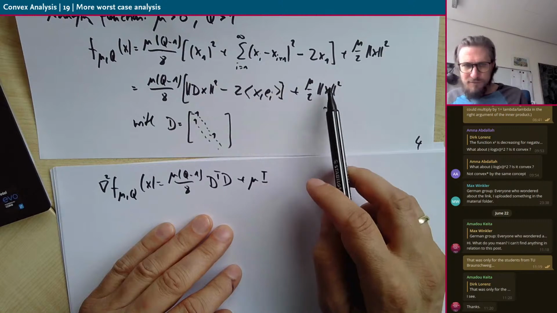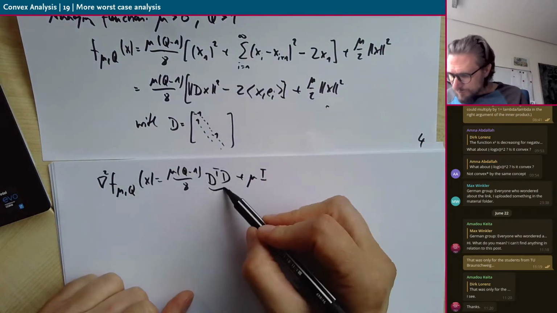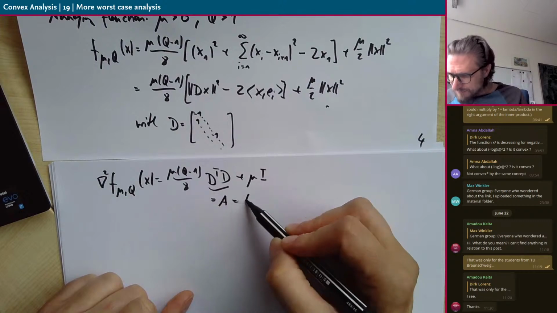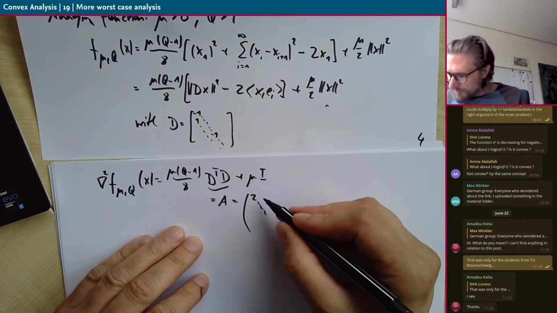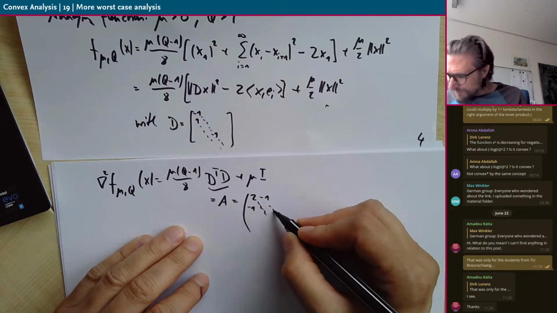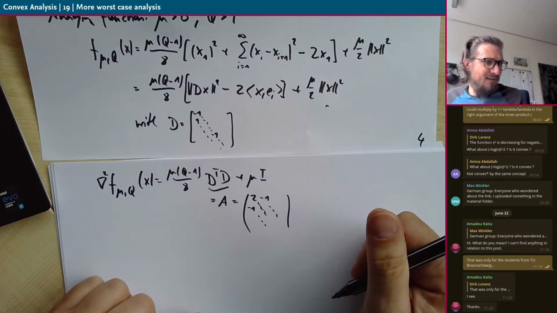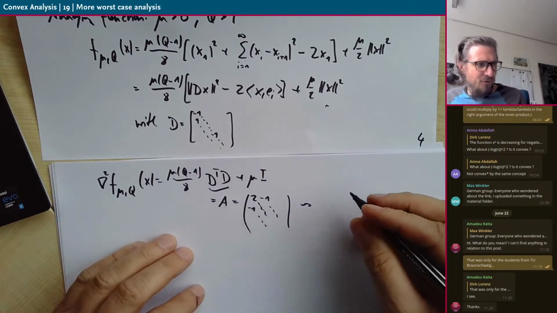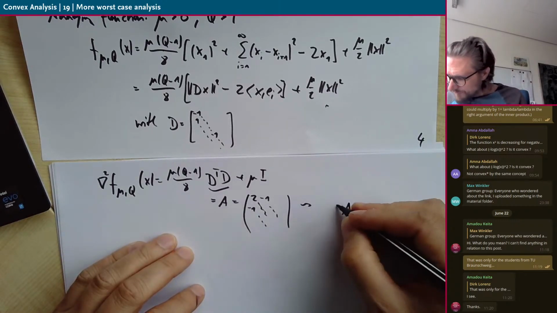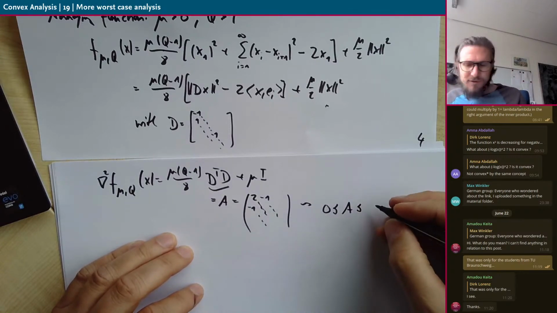The second derivative of the squared norm is just the identity, so this goes here. Again, we call this guy A here, and this is also of the same shape as before. It has 2's on the diagonal and negative ones on the first upper and lower diagonal. And it's also similar to before. You can see that this A is of course positive semi-definite, but it's also bounded by 4 times the identity.